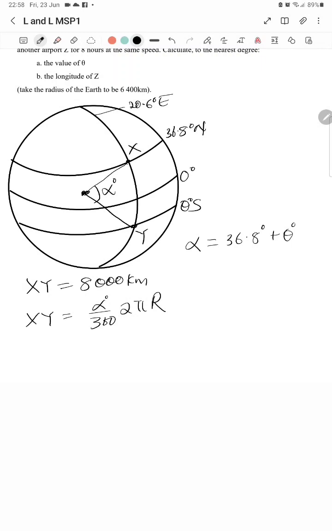This will help us get our theta at the end of the day. So 8,000 is equal to alpha over 360 times 2 times 22 over 7 times 6,400.